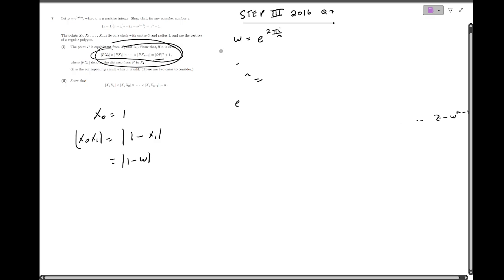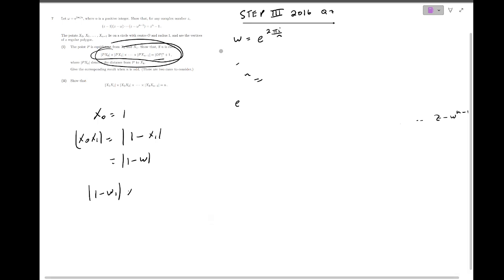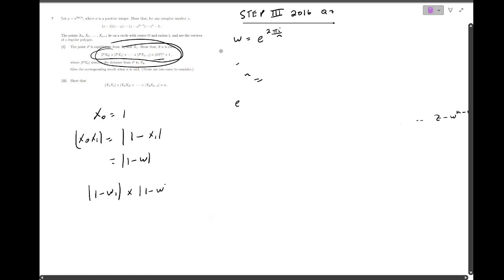So we're going to have the product of the distances between each root of unity and x naught. So it will be this, all the way up to 1 minus omega to the n minus 1.